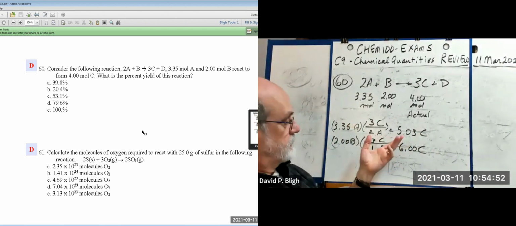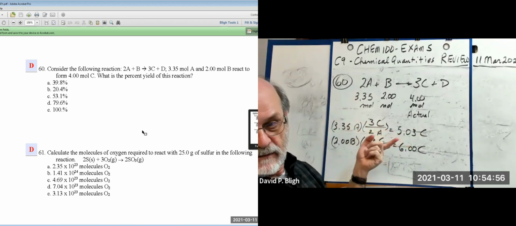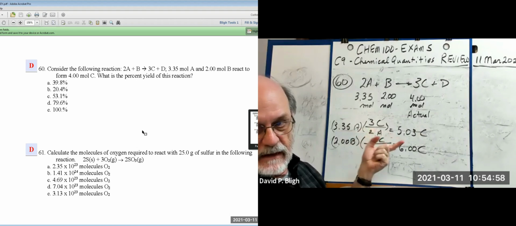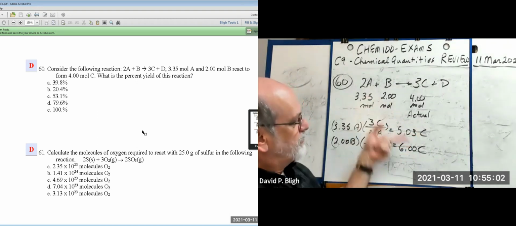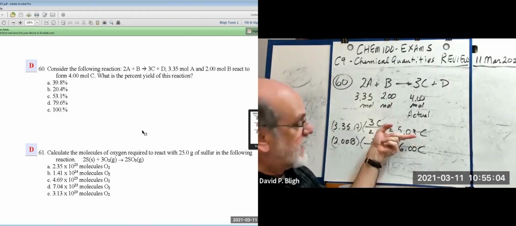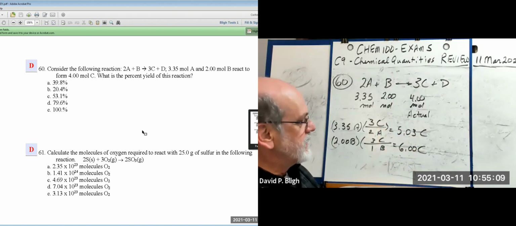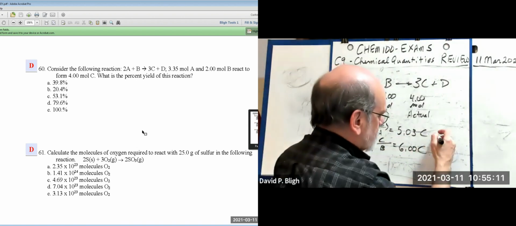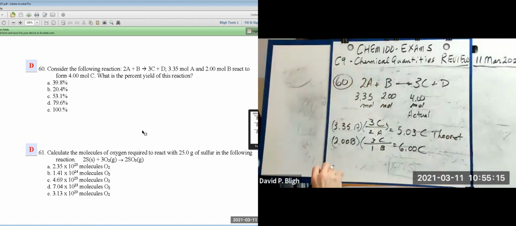Which one's limiting? Well, A produces the least amount. So A is limiting. It runs out then. We can't use all of B to make 6 C because A would run out. So 5.03 is the theoretical. Now we do the calculation.